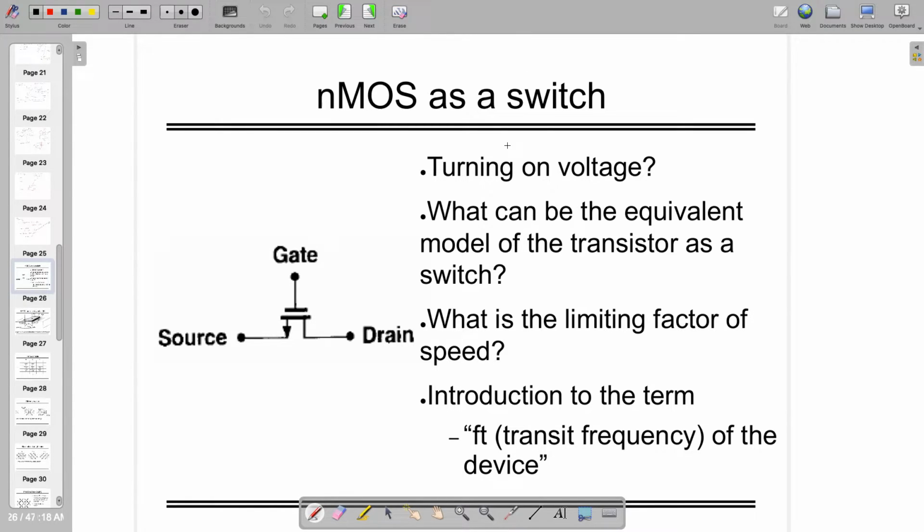So NMOS, if you are using it as a switch, there is something called turning on voltage. Right now, when I'm saying NMOS as a switch, it has to be in the linear mode of operation, because linear mode of operation has the linear relation.